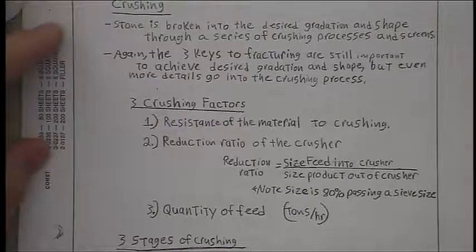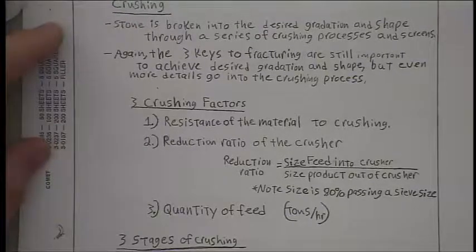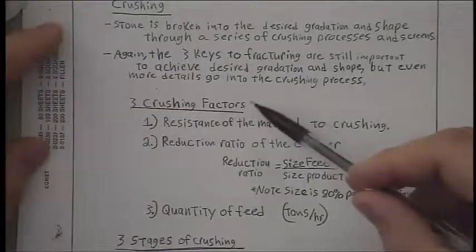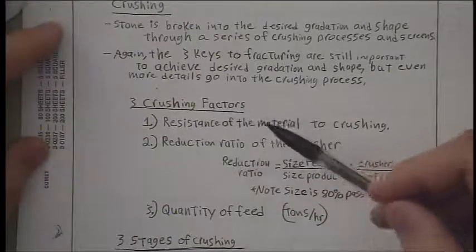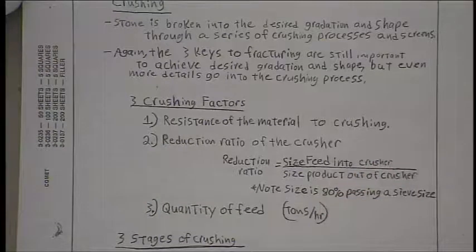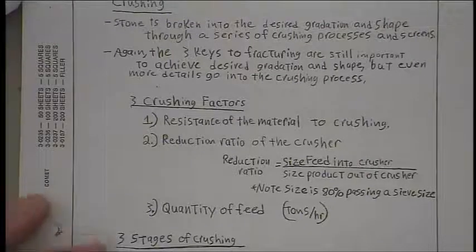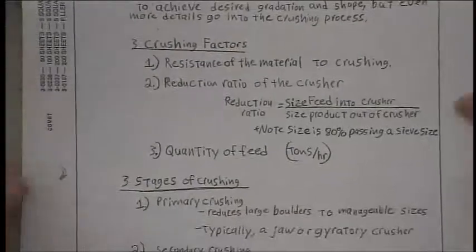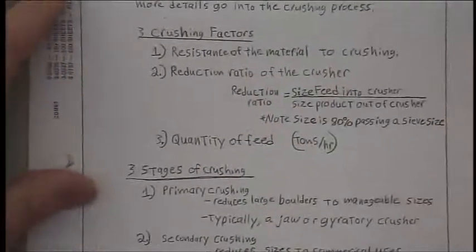That's the whole goal. It seems like there's a lot of threes. There are 3 crushing factors, 3 stages of crushing, and 3 different ways rock fractures. I don't know if that's just nature or what, but there are a lot of threes.